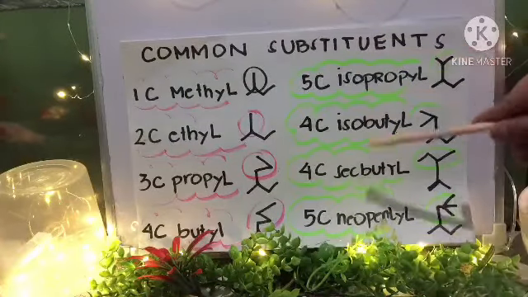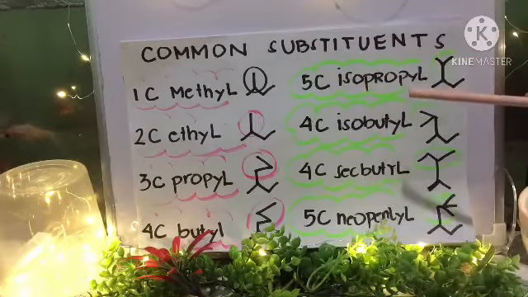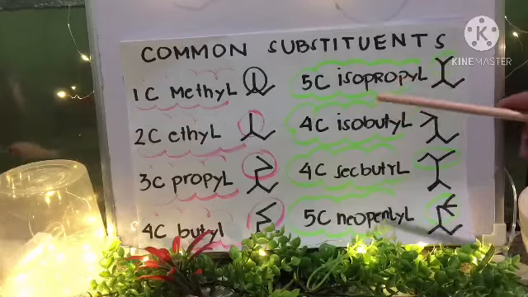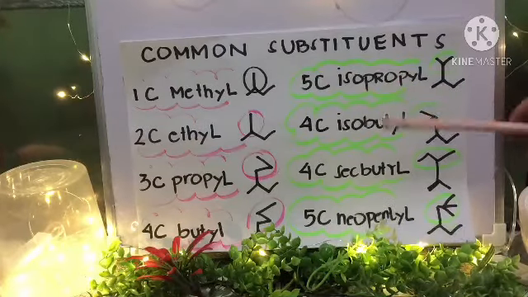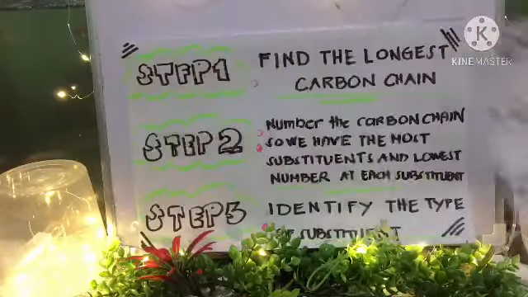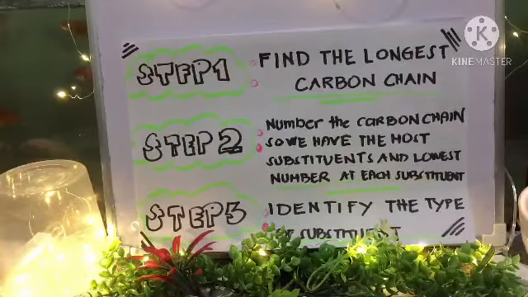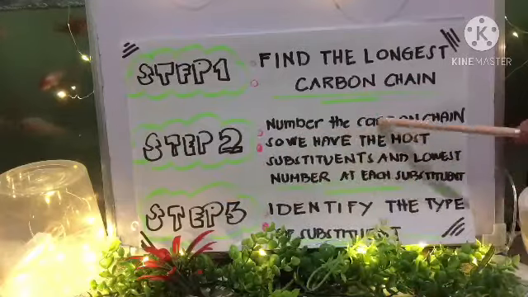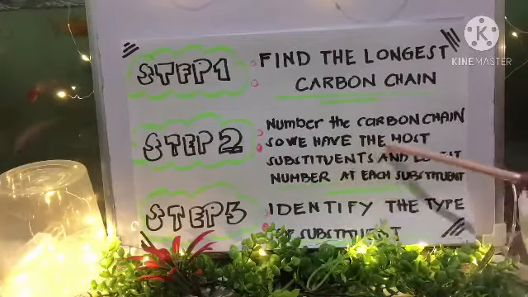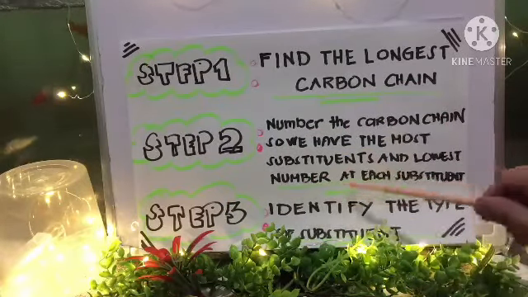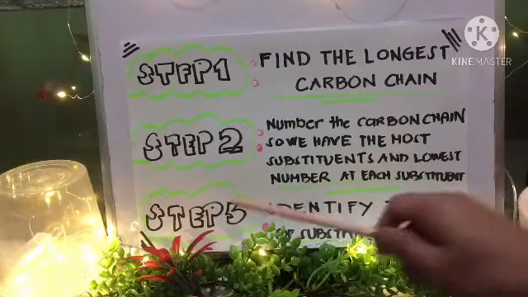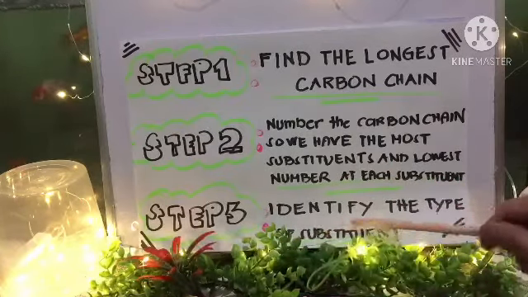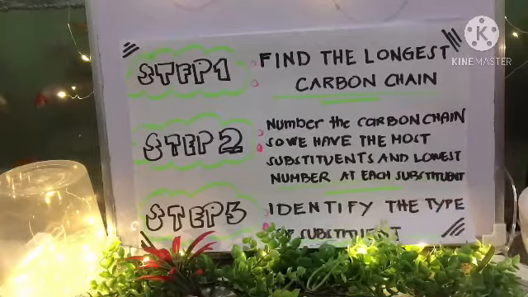The second table shows the common substituents you will need to know. For naming alkanes, you will follow these three main steps. Step 1, find the longest carbon chain. Step 2, number the carbon chain so we have the most substituents and the lowest number at each substituent. And lastly, step 3, identify the type of substituent.